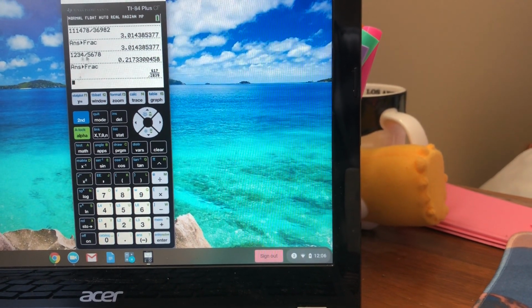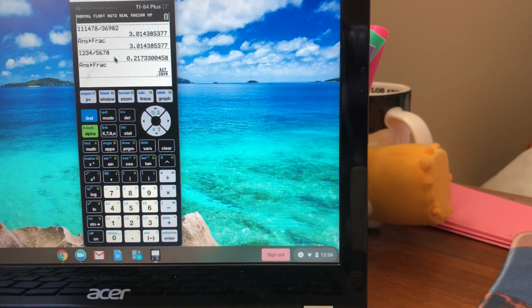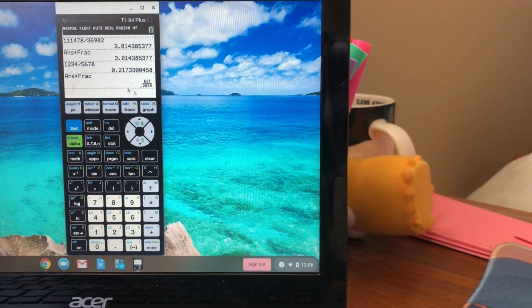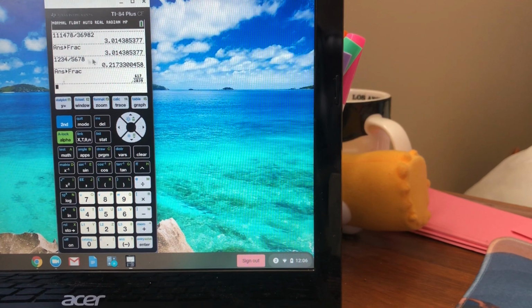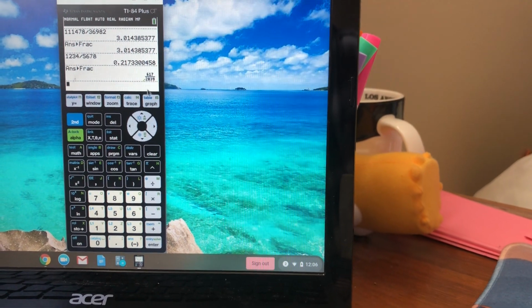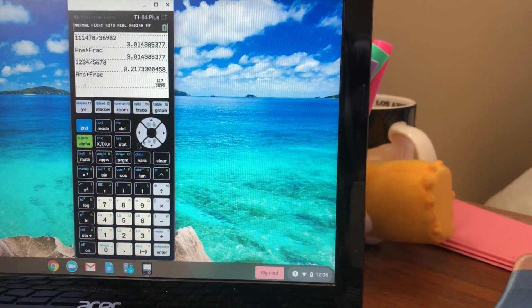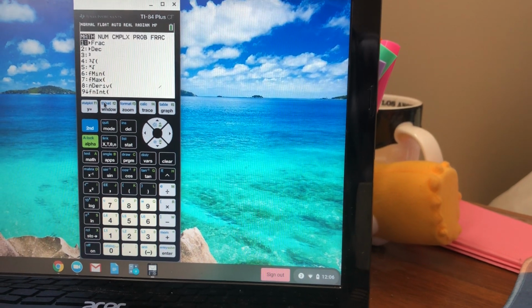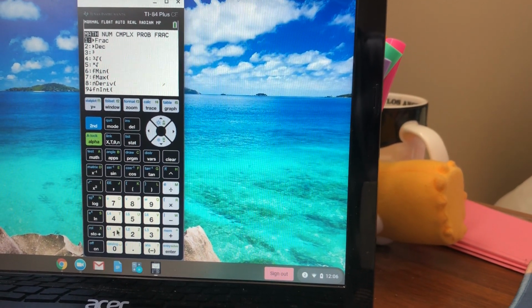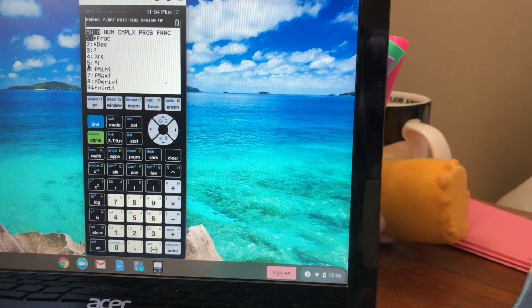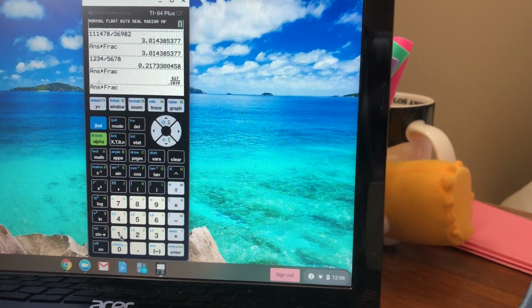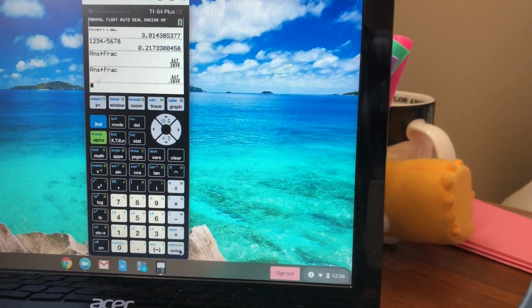Yeah, so I think 4-digit numbers and smaller it can do. So it just simplified that nasty fraction for us. So again, you click the math button and that very first option. You can even press the menu item that it is. So it's number 1, I can press 1 and then it'll do it.